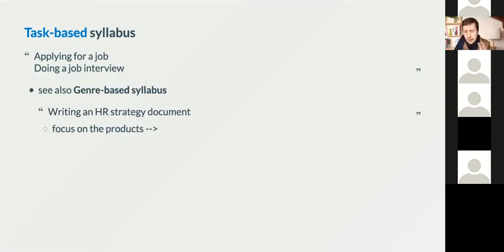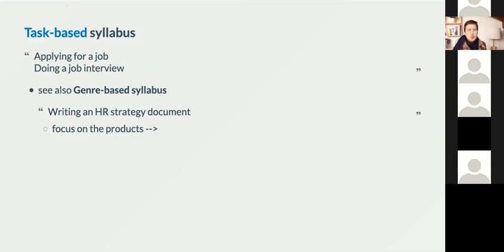There are also some slightly different but quite connected syllabuses, like the genre-based syllabus. So what is a genre? It's simply a type of text. So a CV, a curriculum vitae, is a type of text. A story, an article is another genre.